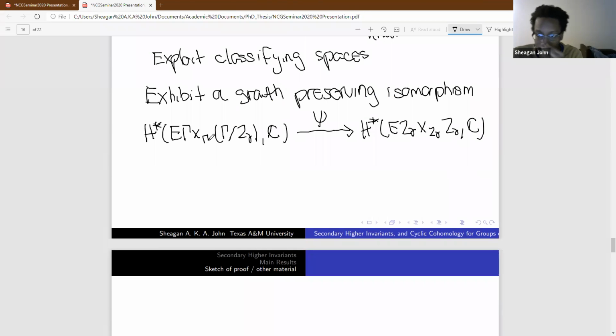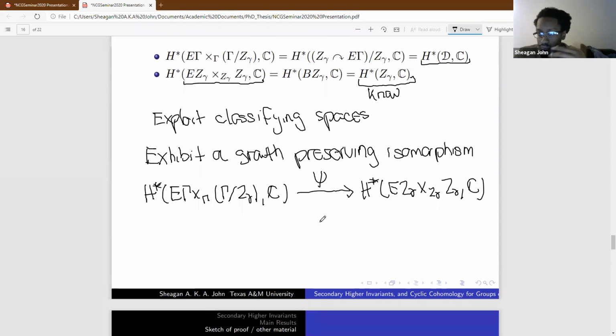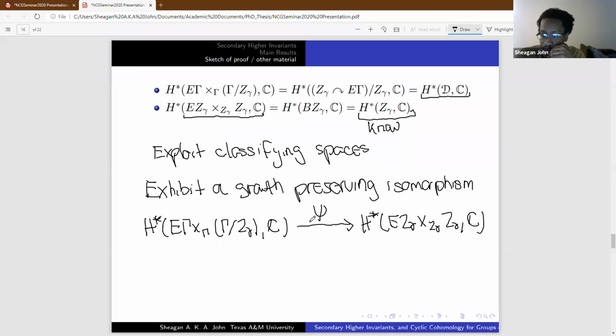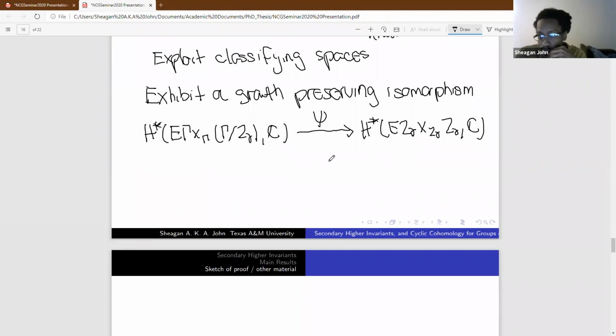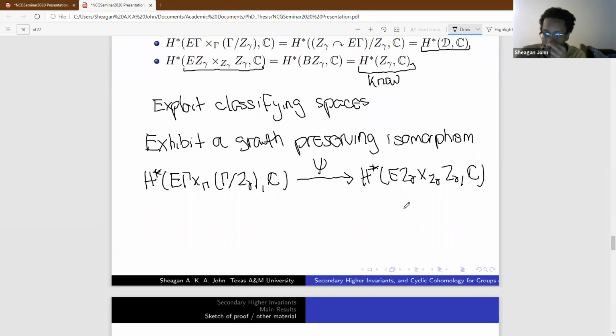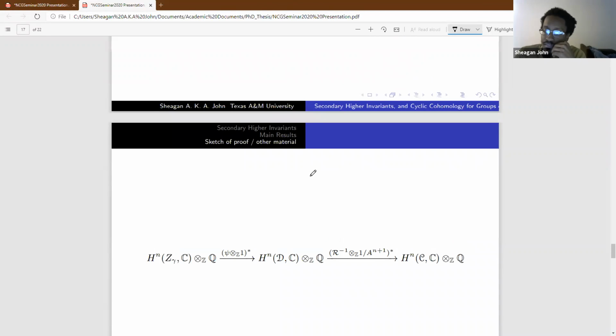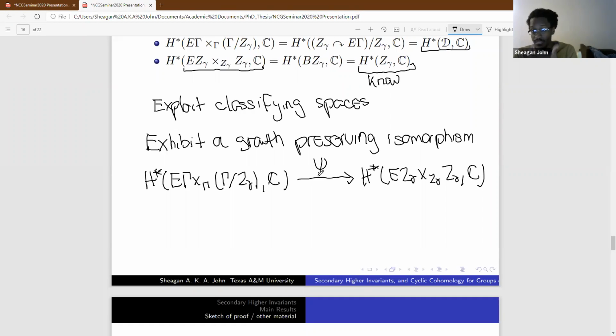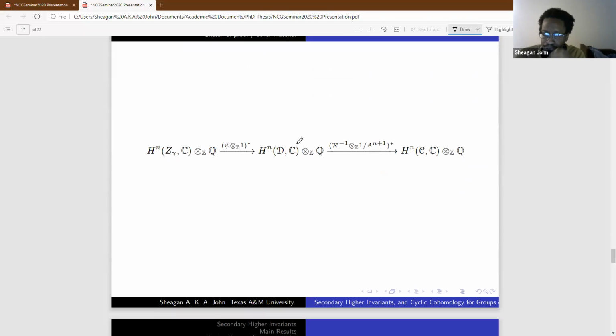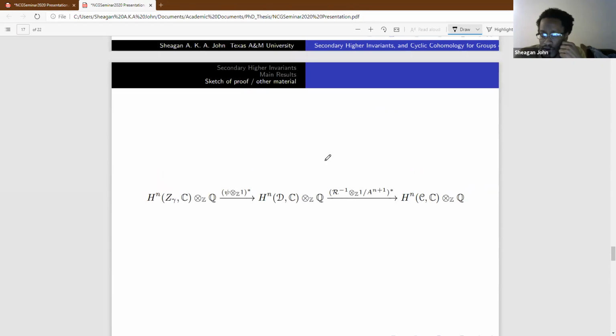And I won't go through any further details about this, but this is a not entirely trivial thing to do. But once it is accomplished that we can in fact exhibit such a growth preserving isomorphism, then we have, as it were, our final chain of isomorphisms, and I'll just detail what each one is.